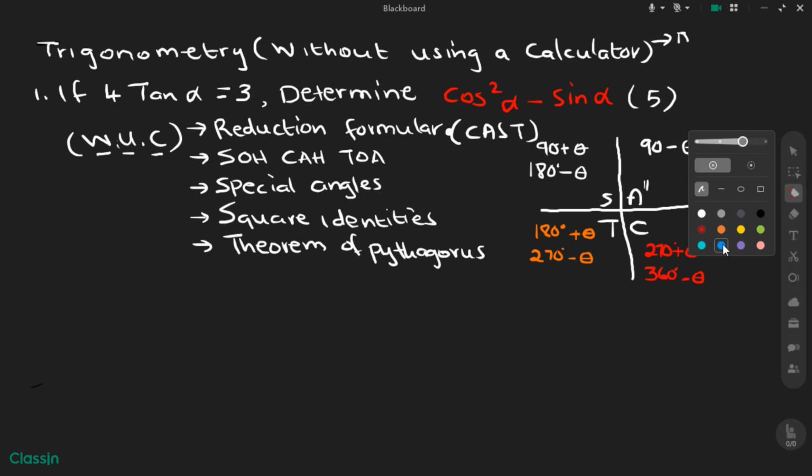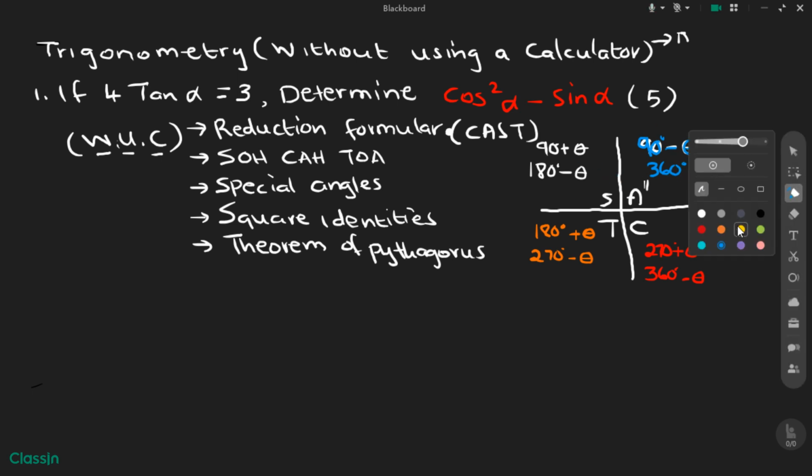So not only in the first quadrant do we have 90 degrees minus theta, we also have 360 degrees minus theta.